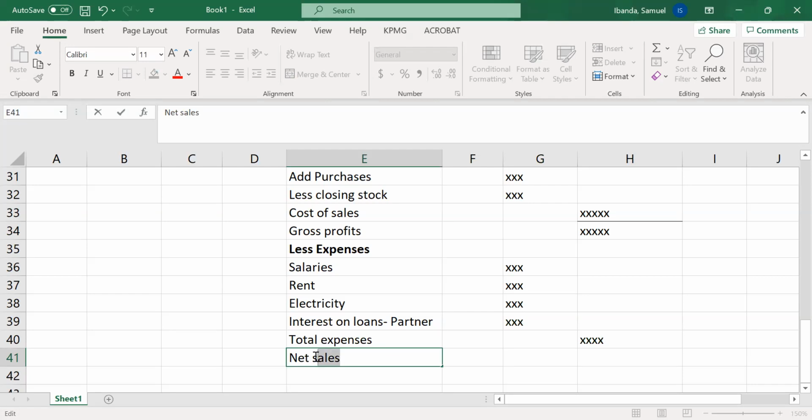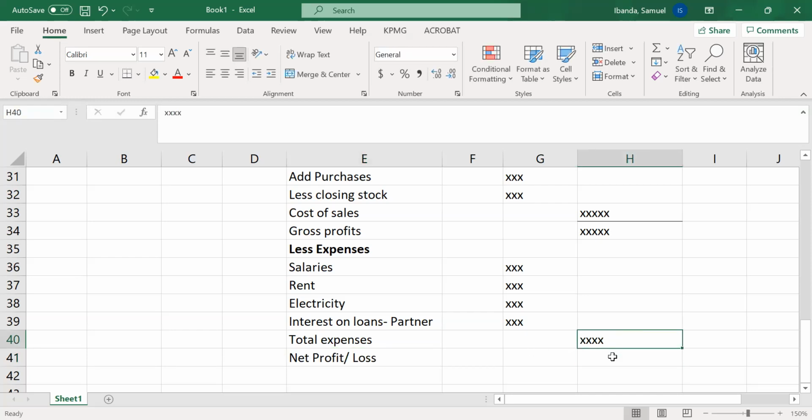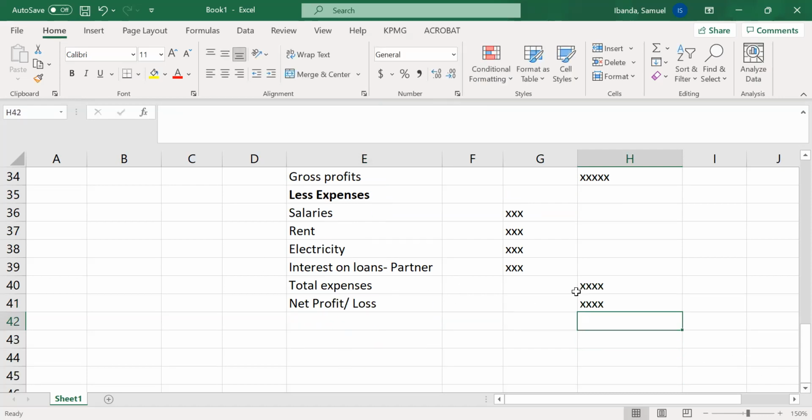or loss. Now, in the same way, partnerships can either make profits or they can make losses. And in all cases, the profits or losses are shared by the partners. So after you have determined your profit and loss right there, you now come and do what they are calling the appropriation of net profit.